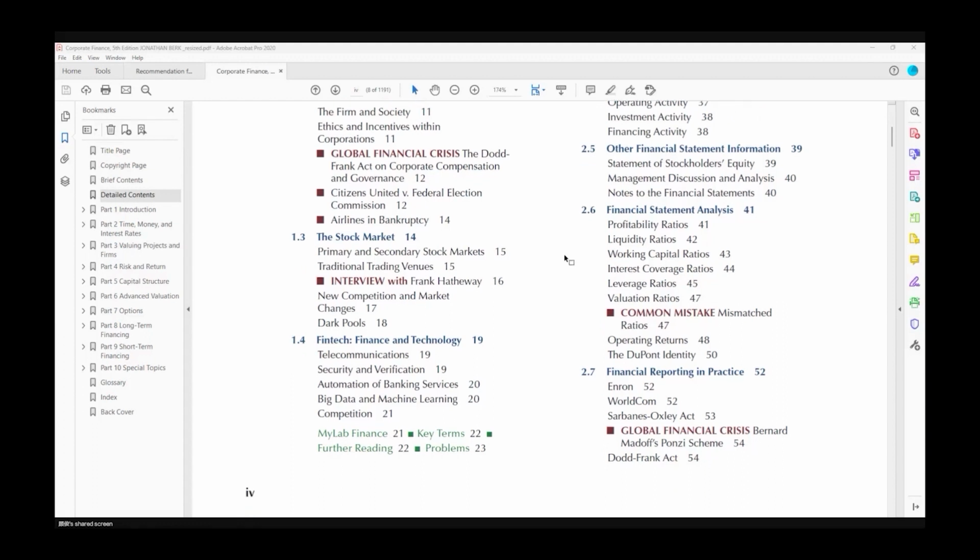So always remember that the primary market is participated in by the firm itself and some institutional investors. And the major participants who are willing to buy or sell stocks are in the secondary market.